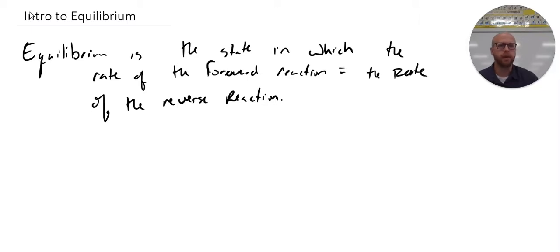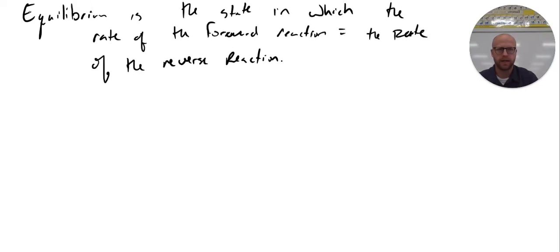It is a dynamic state where you still have products and reactants reacting to each other, and it's when the rates of those two forward and reverse reactions are equal to each other.